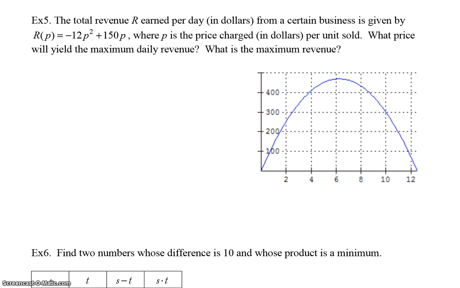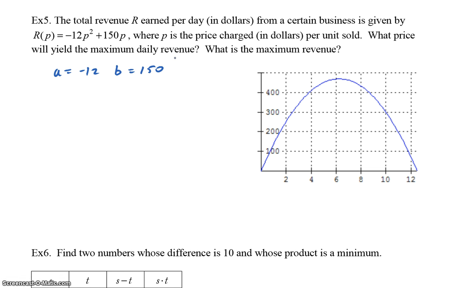And because the parabola opens down, since a is negative here, a is equal to negative 12, and b is equal to 150, it's R of p equals ap squared plus bp plus c. So a is negative 12, b is 150, c is 0 in this case.